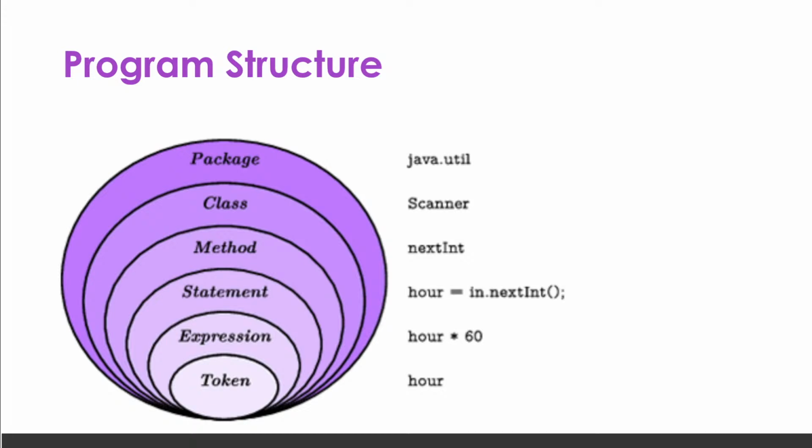So in Java, they're called packages. You'll also hear me call them modules or libraries. It's different words in different programming languages. Typically in Python, you'll call them a module, in JavaScript, you will call them a library, and in Java, you call them a package.